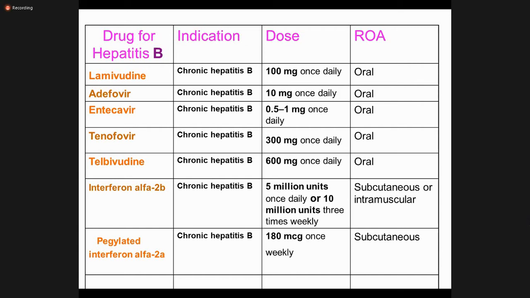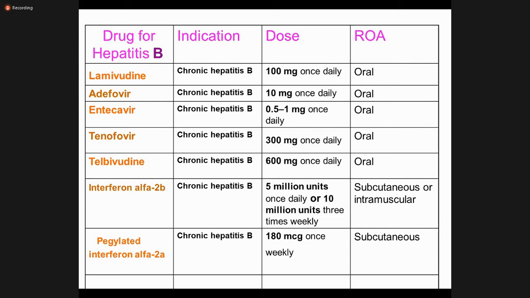As I already told you, the purpose of using these drugs is to suppress viral replication. Lamivudine is used in chronic hepatitis B, 100 milligram once daily, given orally. Another drug, adefovir, for chronic hepatitis, is 10 milligram once daily. The route of administration is oral.